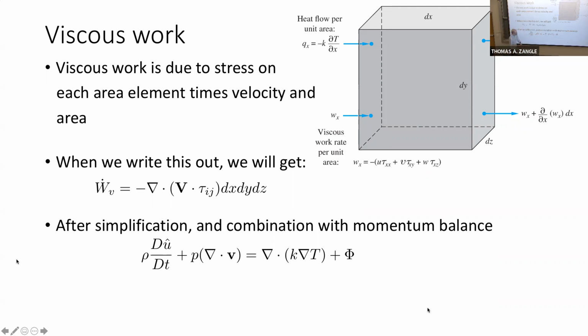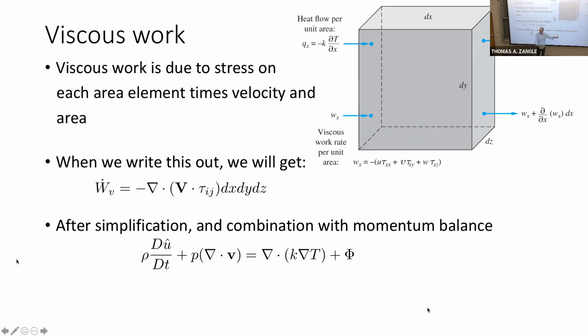Sorry. Del dot k grad T, so this is the heat conduction into or out of the fluid element, plus this uppercase phi, which is the viscous dissipation term, the viscous work term.